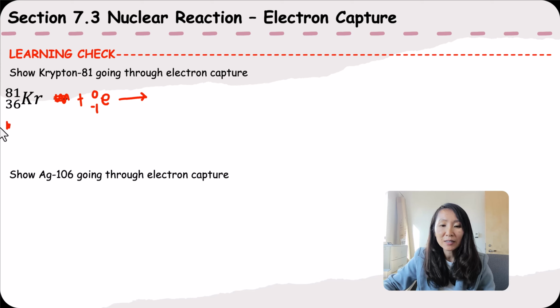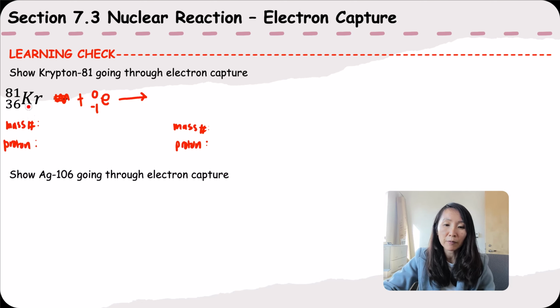What we need to know is that the mass number on the left-hand side and the mass number on the right-hand side should equal out, as should the proton number. Not just any proton number, but the summation of the mass numbers and the summation of the proton numbers. For example, here's my mass number, and on the bottom is the proton number.